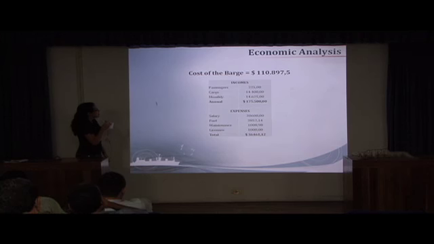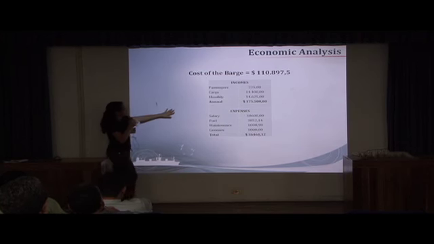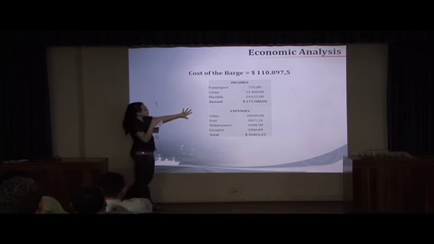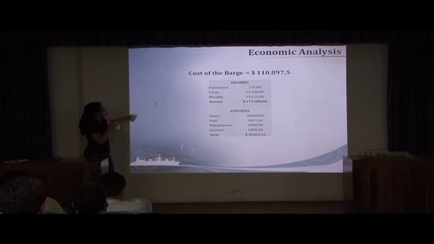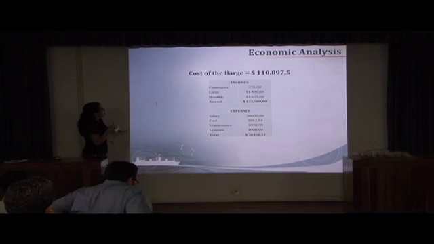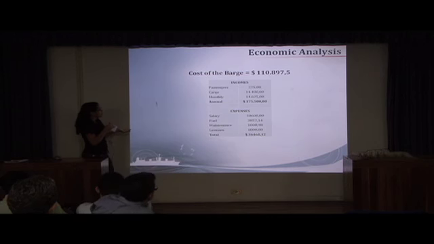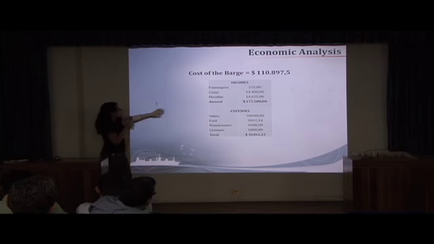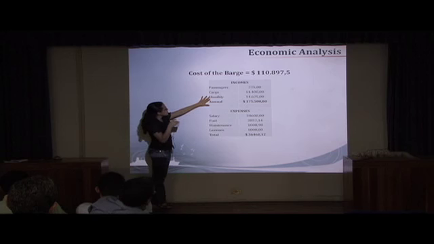100,000. The income for the ship was from the passengers. The passengers have to pay 50 cents, 50 cents to go and go back. And the cargo would be the heavy machinery and the construction material, and monthly we have this income.